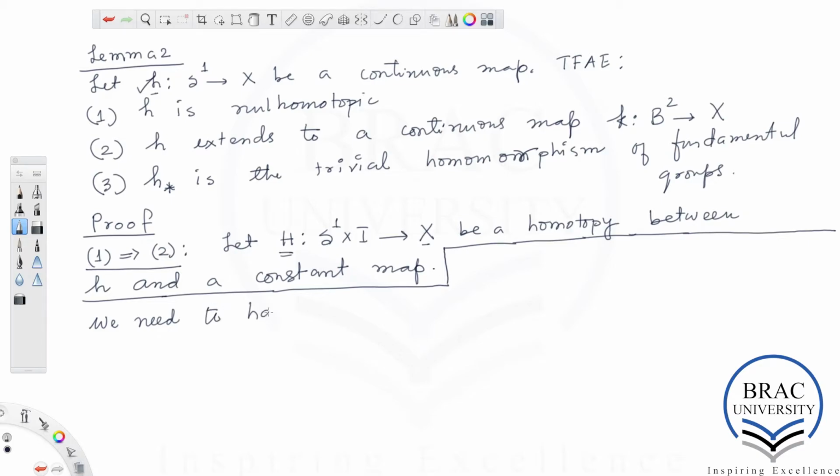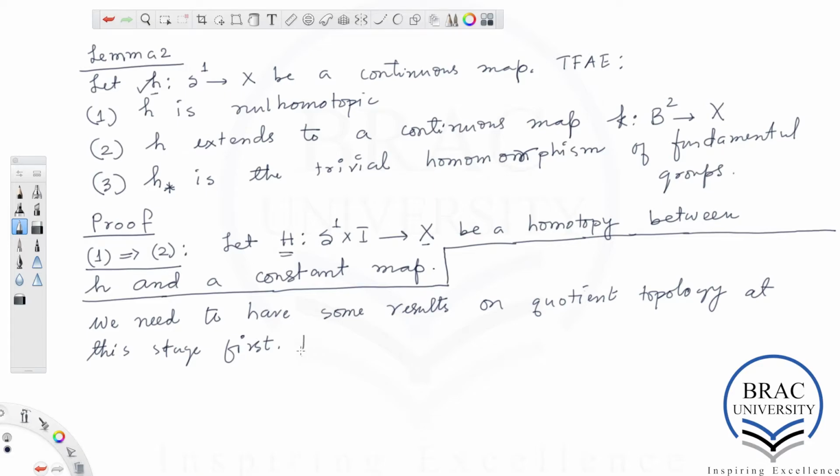We need to have some results on quotient topology at this stage first. And to this end, we give a somewhat broader definition of quotient map.